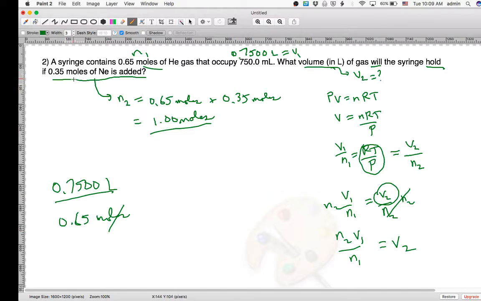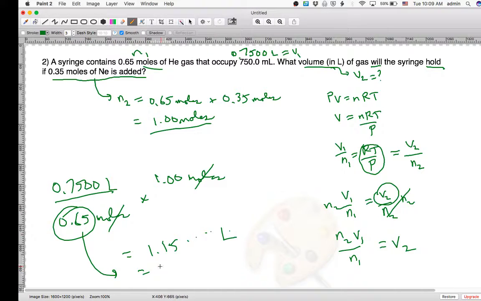Here is another number of moles, but this number of moles is added, so we need to account for that by adding, and then it's 1.00 moles, the result, which isn't associated with any other number, so I just put it by itself. Moles cancel out here, so I get this times this divided by this. It ends up being 1.15 something or other liters, but there are only two significant figures here, so that makes this equal to 1.2 liters of gas.